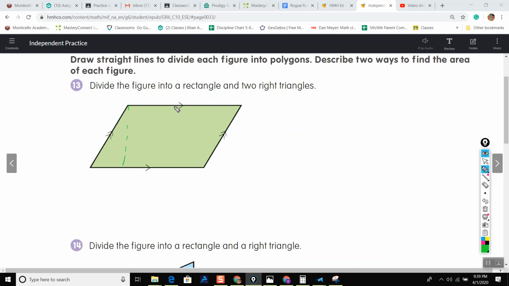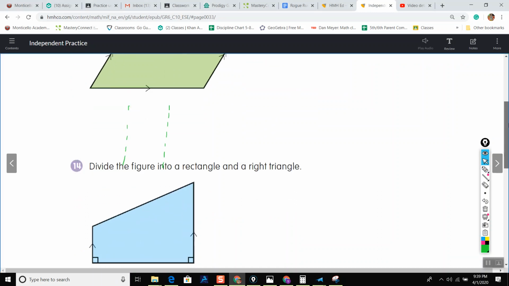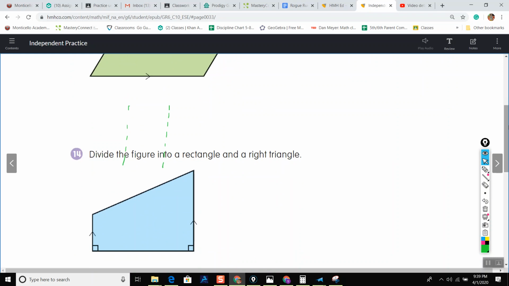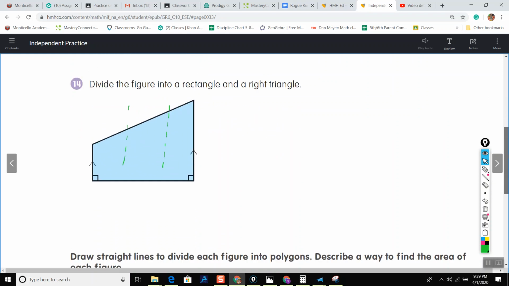I could basically cut this in half here and then move this and it becomes a rectangle. There are so many ways to manipulate that, and you really need to understand that, especially for our next section, which is talking about composite shapes, which is exactly breaking down figures so we can solve stuff based on the information that we have.